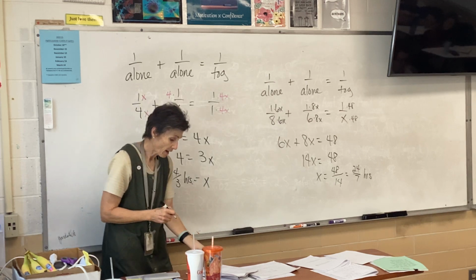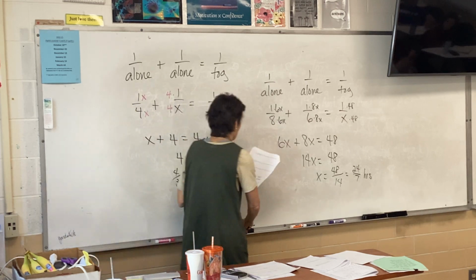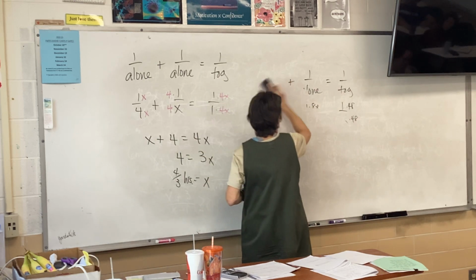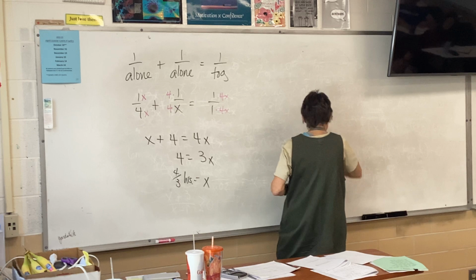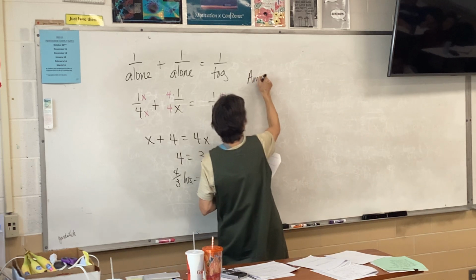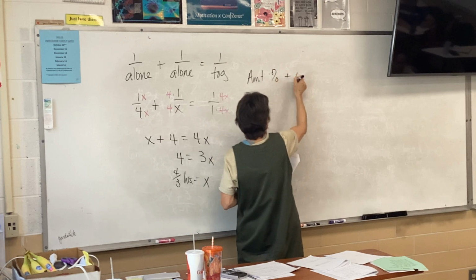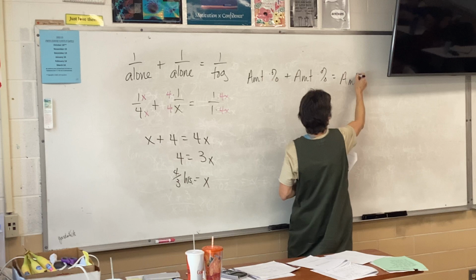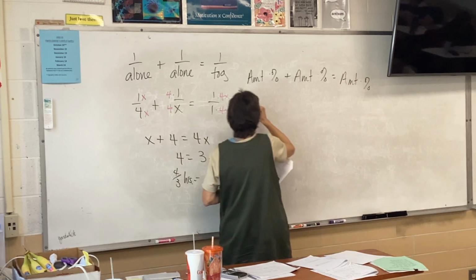All right, let's do that bottom mixture problem, and then we'll start reviewing for our test. All right, so this is gonna be an amount times a percent. All right, so here we go.